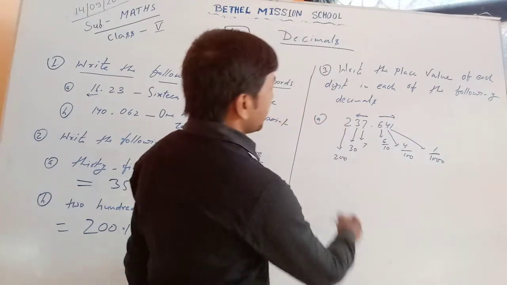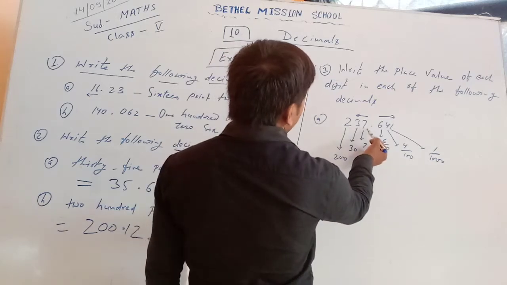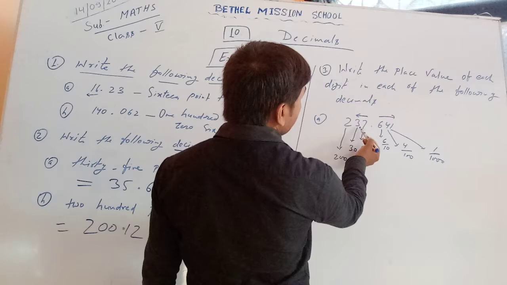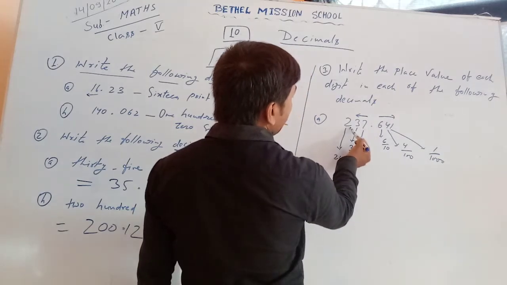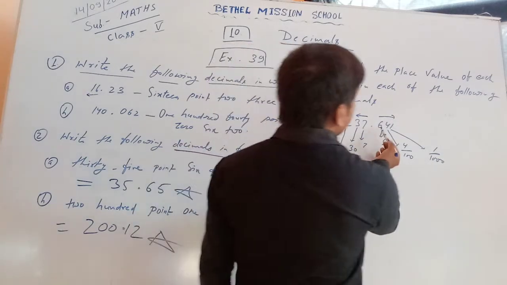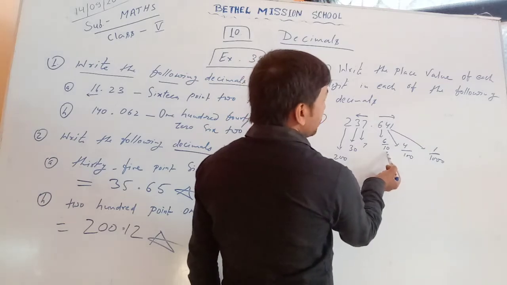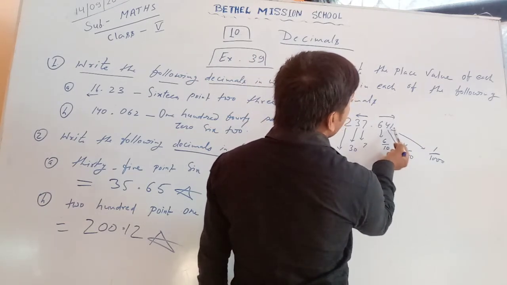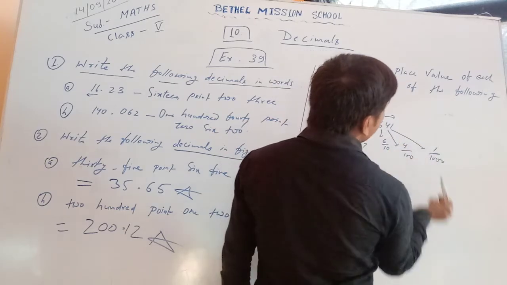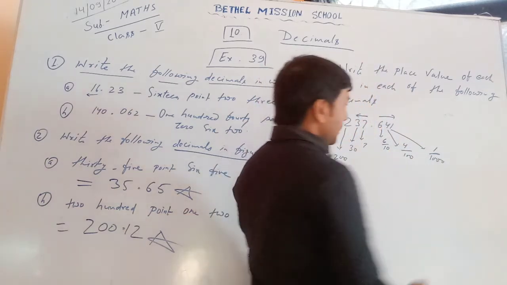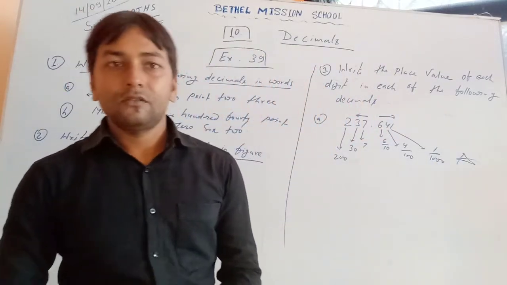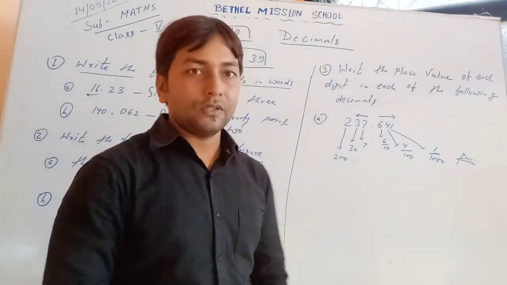So the place value of 7 is 7, of 3 is 30, of 2 is 200, of 6 is 6 upon 10, of 4 is 4 upon 100, and of 1 is 1 upon 1000. This way you can solve the rest. Now I solve the next question.